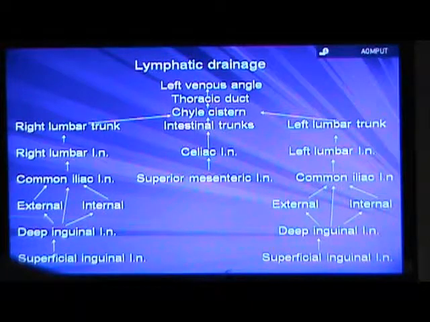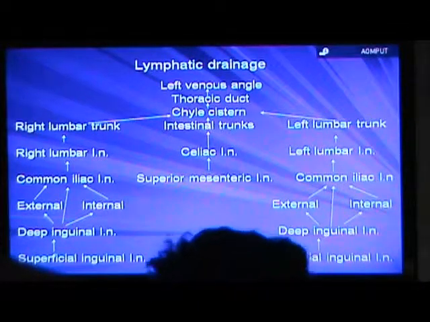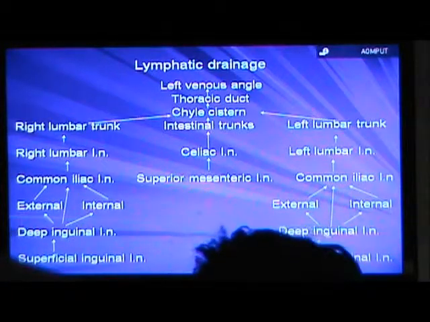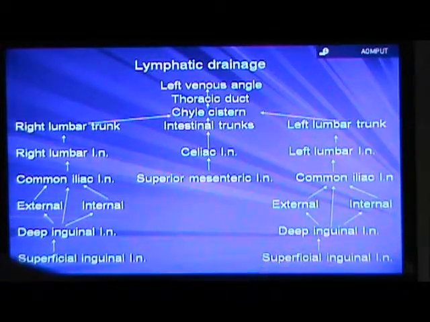So look, the lumbar trunks and the intestinal trunks form the chyle cistern, and next at the level of T12 is formed the thoracic duct, and the thoracic duct drains into the left venous angle. So I collected for you the information about the drainage from the abdominopelvic cavity.